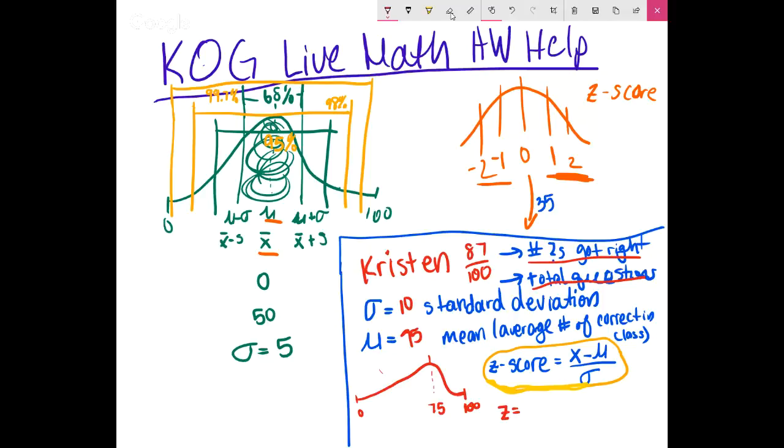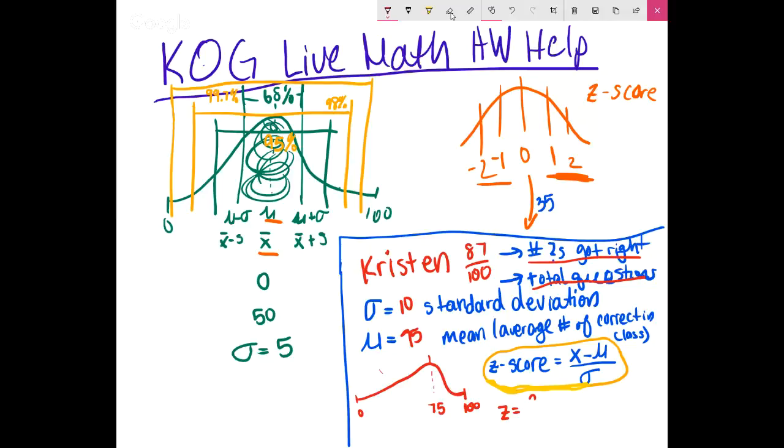So the z-score equals x minus mu, divided by sigma. X is the actual score, or the number that we are focused on. So x minus the mean, divided by the standard deviation.